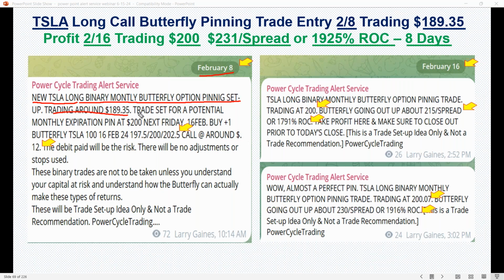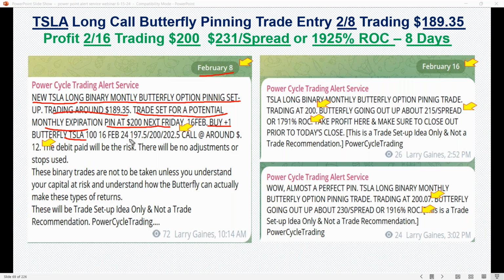All right, so this is one that we did. This was a trade set up for a potential monthly expiration pin at 200 next Friday. Look at this, it was the coolest trade. You buy one, or 10 or 100, whatever, but buy the butterfly on Tesla.